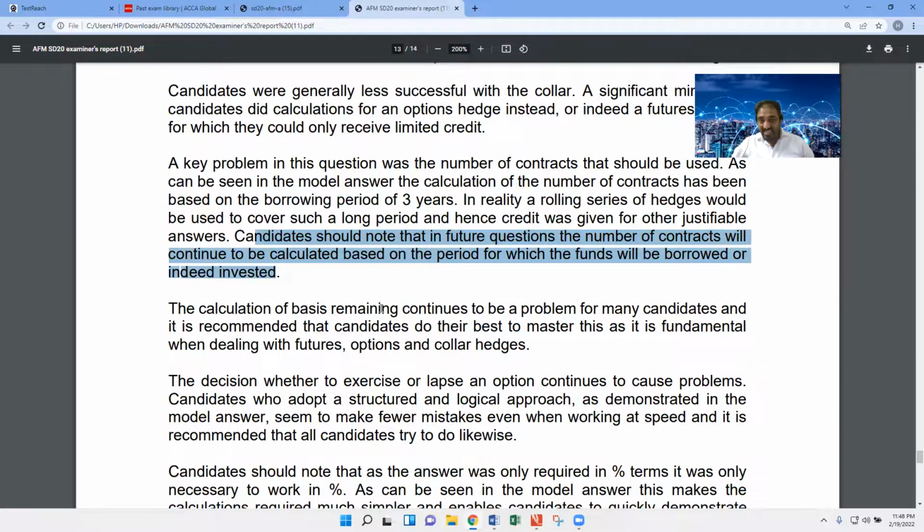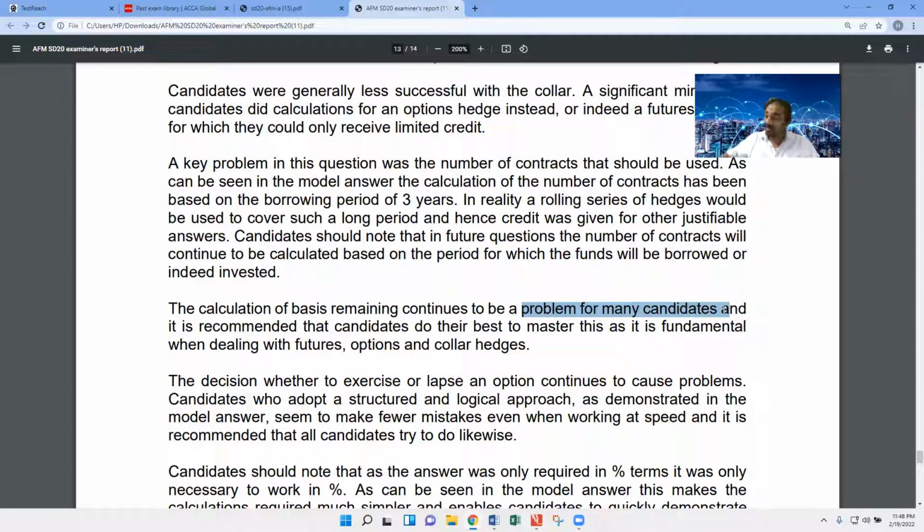Calculation of basis remaining continues to be a problem for many candidates. Simple rule, basis risk: compare the now date and identify how much the total basis is now. So always remember, the total basis risk calculation is based on which contract you are taking.